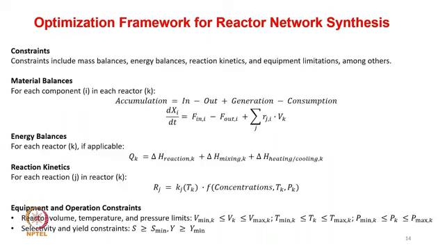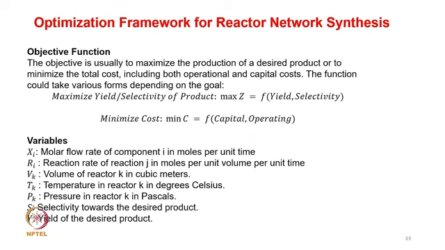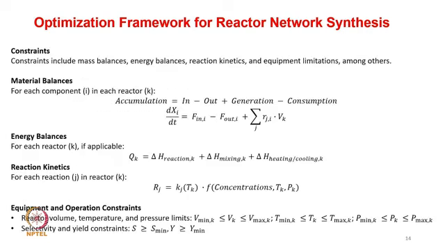So now let's see the constraints that we have to deal with. There are various constraints. Whatever we have learned so far is the objective, so now look at the constraints. There would be the material balance, which is accumulation equals inlet minus outlet plus generation minus consumption, as we have seen in previous cases. dXi by dt is equal to F_in,i minus F_out,i plus sigma of R_ij V_k, where V_k is the volume and R_ji is the reaction rate.